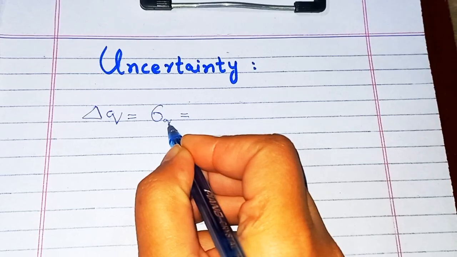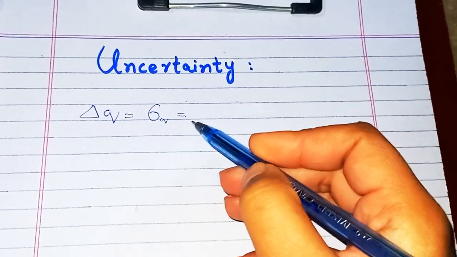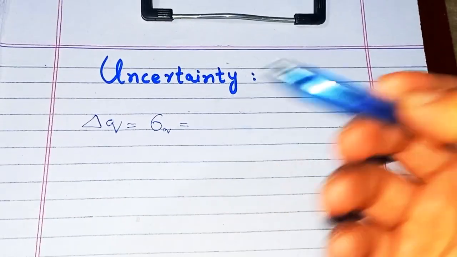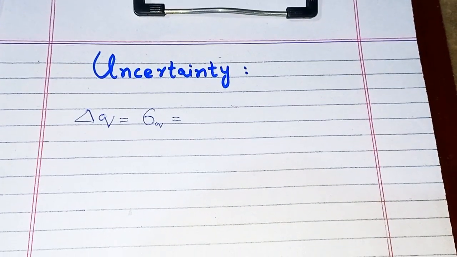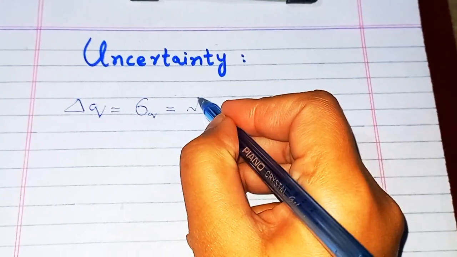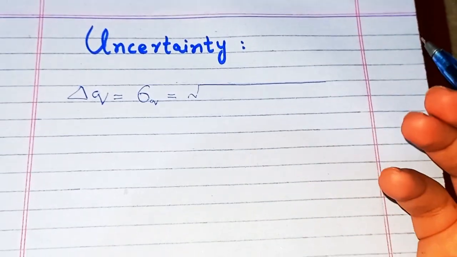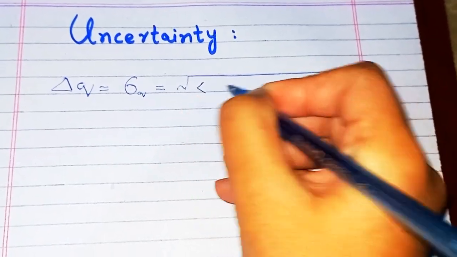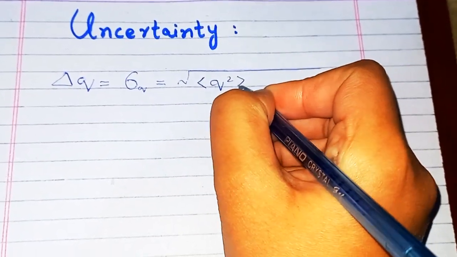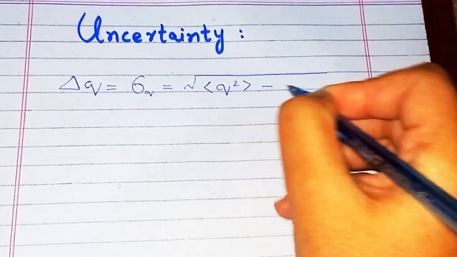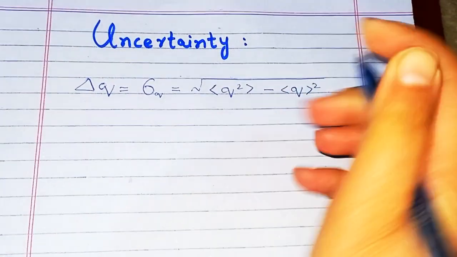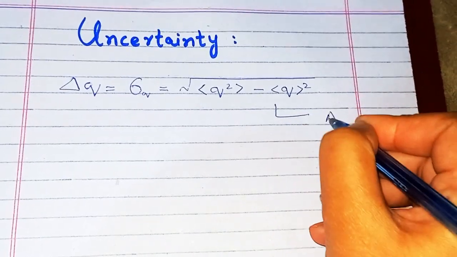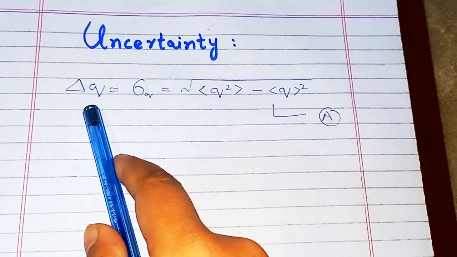You can put q in the subscript to show whether it's uncertainty in position, momentum, energy, or whatever. I'm using q as a general representation of any observable, so that is equal to the square root of the ensemble average of q squared minus the ensemble average of q, the whole squared. That's the formula for calculating the uncertainty associated with variable q.